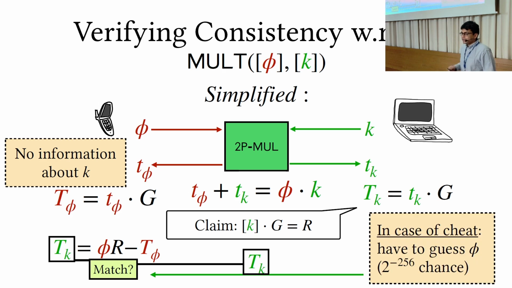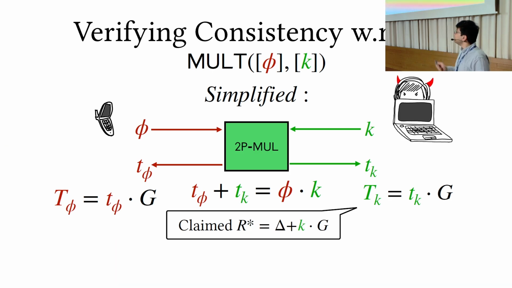Right? And on the other side, we can do a quick sanity check to see that a laptop can subvert this check only with negligible probability. The reason is as follows. Assume that there is some delta offset between the laptop's claimed k value and the discrete logarithm that it actually put into the multiplier. Right?